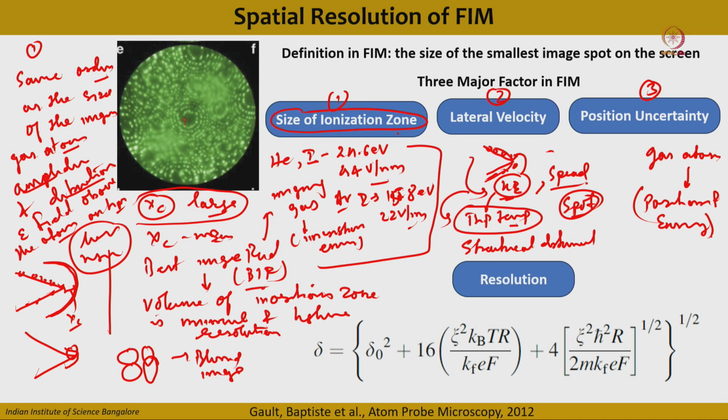Okay, so for example, the de Broglie wavelength of a helium atom at a thermal agitation of 20 Kelvin is around 0.2 nanometers. Okay, so bigger than the size of the zone in which the atoms are ionized. Okay, so this is the position uncertainty.